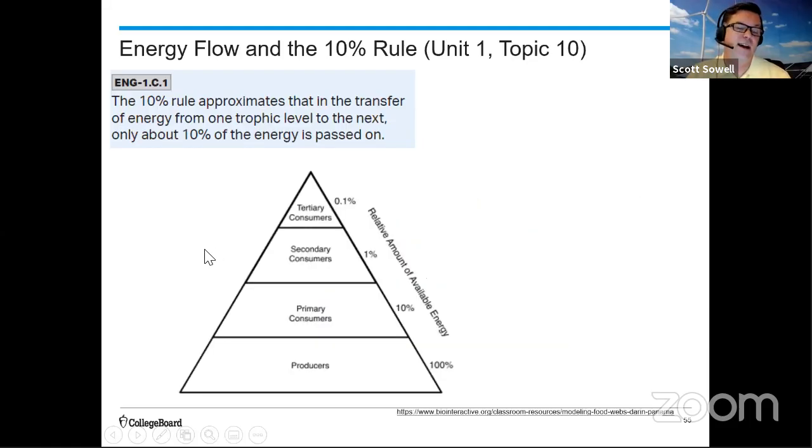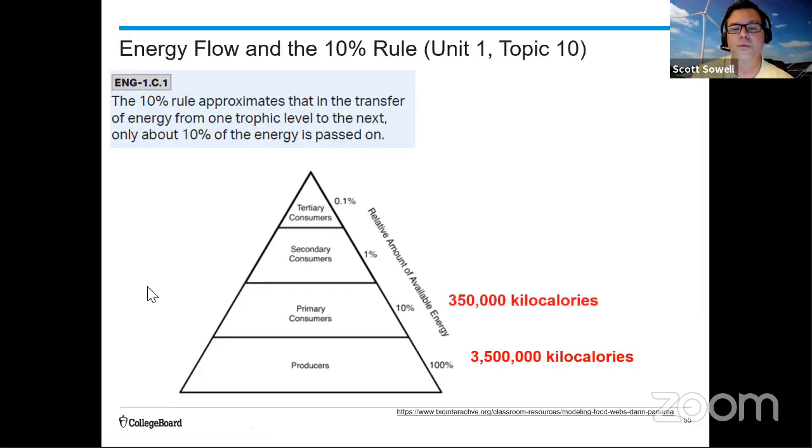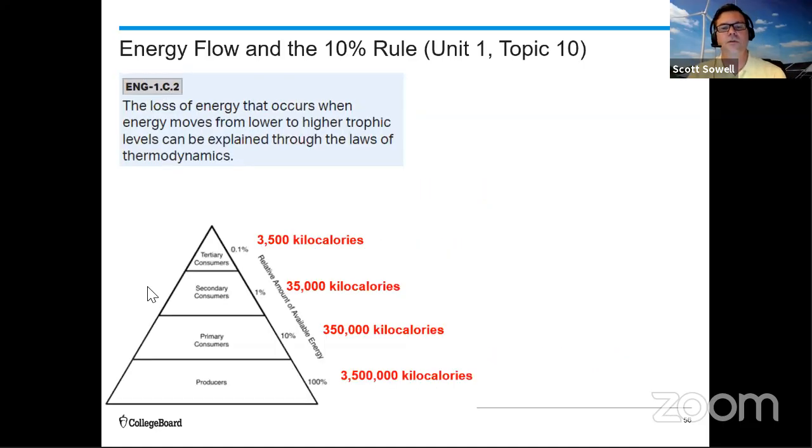So if we quantify that, if we wanted to put some numbers onto it, we could say that there's 3,500,000 kilocalories in the producers in this particular community, wherever this is. And then if we look at the next trophic level, the primary consumers, it's only going to have 350,000 kilocalories. And then that goes down to 35,000, and that goes down to 3,500. So we're losing energy as we go up.